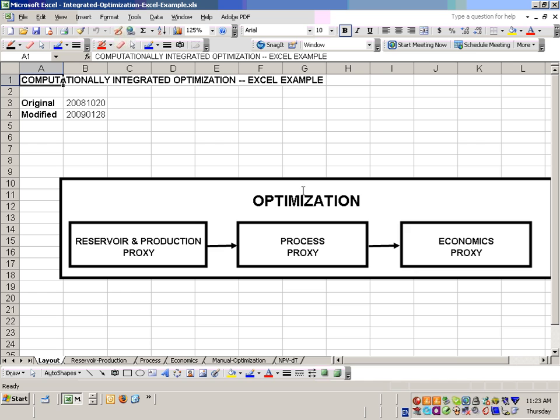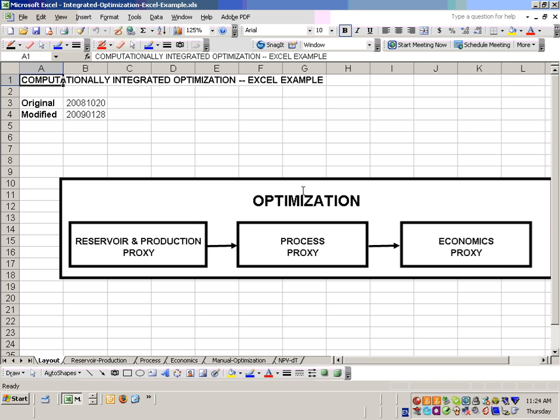We're going to take the gas stream that's generated by the reservoir production model and allow that to be processed into 2 or 3 products. Certainly gas, one. And then we're going to allow processing of the gas to get gas liquids.